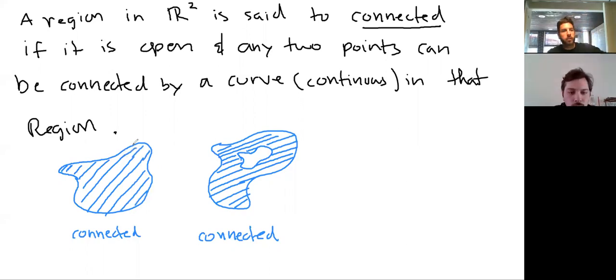So again, if you look at these two regions, pick any two points, you can always draw a curve from one point to the next. So here's a point, here's a point. I can draw a curve to it. Over here, I can still draw a curve. In fact, you could think of many curves you can draw from point to point. Right?